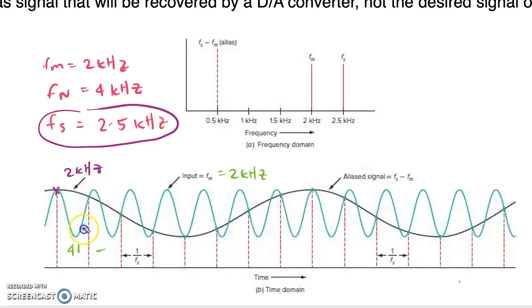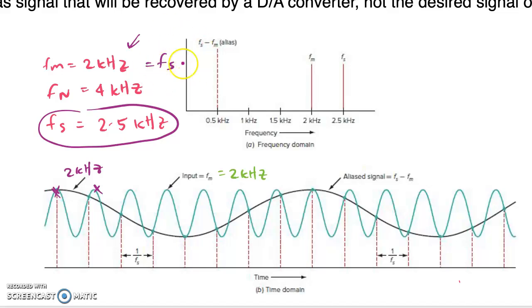Okay, again, let me try to explain this again. I know this is not very intuitive for most people. Okay, so if we are sampling at 2 kilohertz, let's say that our Fs is FM, 2 kilohertz. So if I start here, 2 kilohertz would mean that I am sampling here.